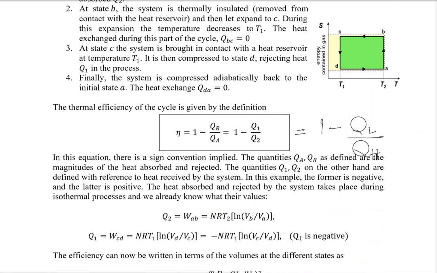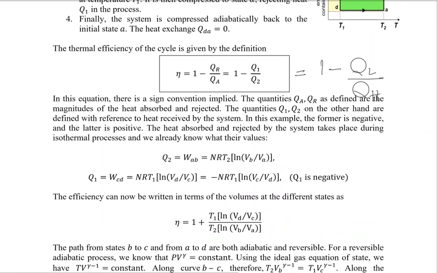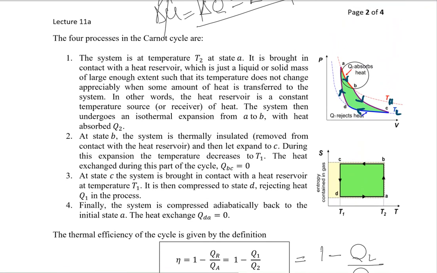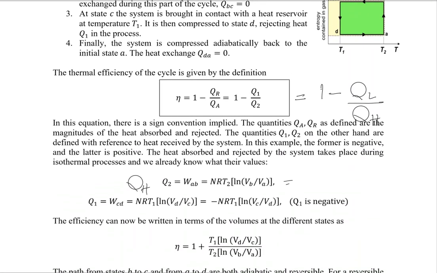So when we are supplying heat from A to B, heat supplied, which is QH from A to B, is equal to, if you remember, PV is equal to RT, RT log of V2 by V1, which is VB by VA over here. So this is the heat transfer in an isothermal process from A to B.